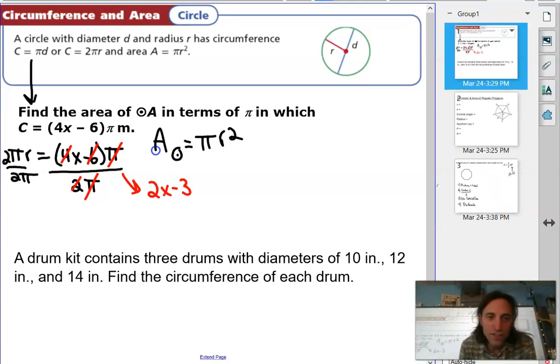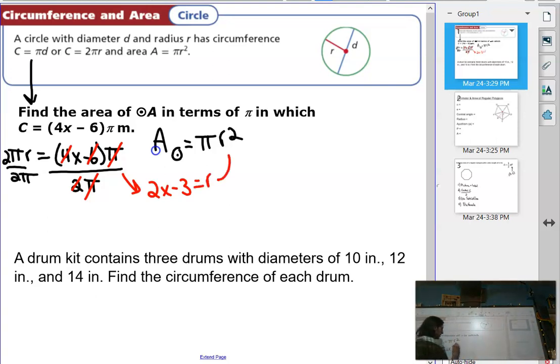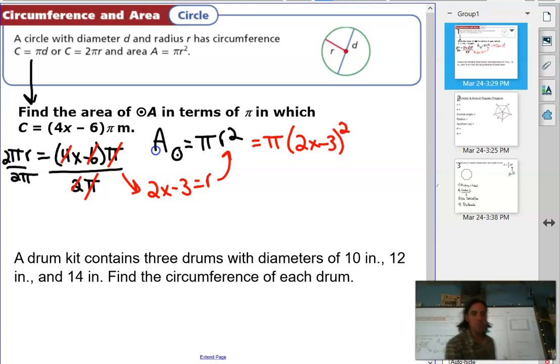Oh my gosh, that is one ugly radius, but the fact is it is a radius, and I can use it. So there's my radius. Now I'm going to plug it in here: pi times 2x minus 3 squared. If possible, if you could leave your answer like that, that'd be fine.